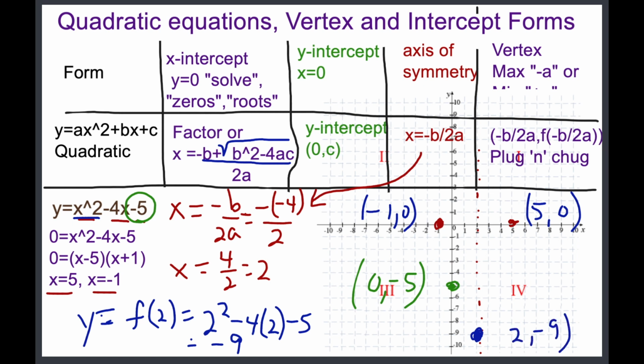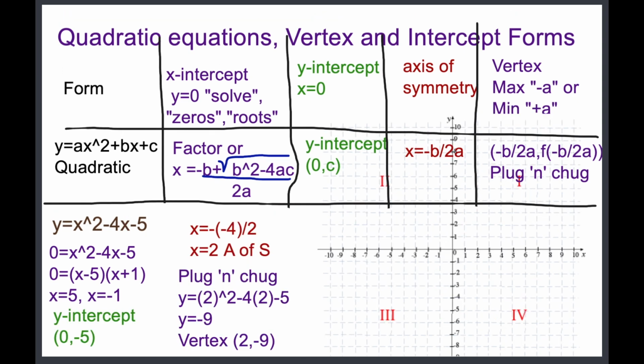So now I can make a very good graph from this. Remember, this point right here gets duplicated over onto the opposite side because this is a parabola and it has an axis of symmetry. So this is kind of what my graph would look like, a parabola. Here the entire problem is all written out neatly.